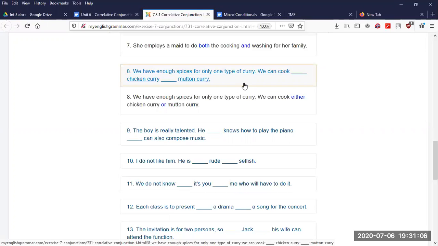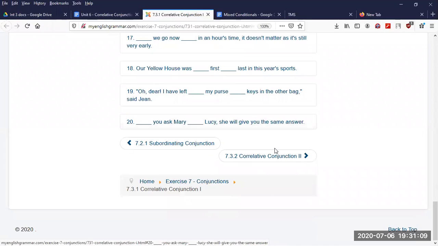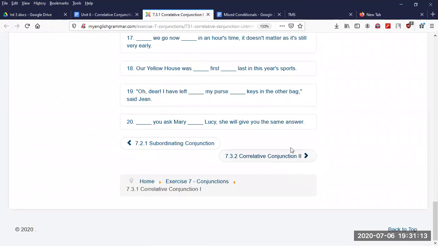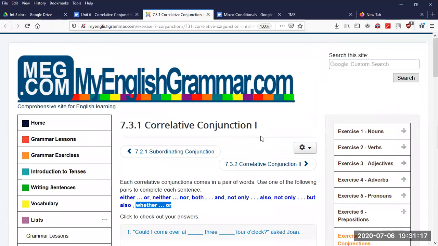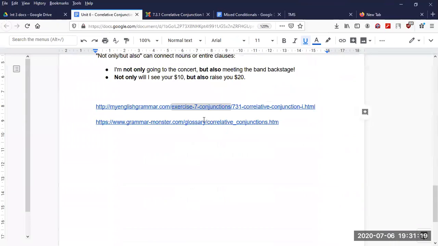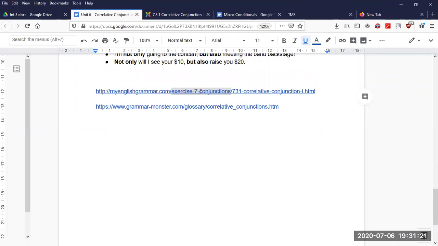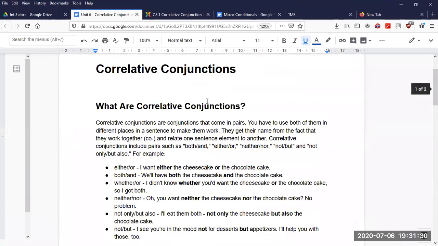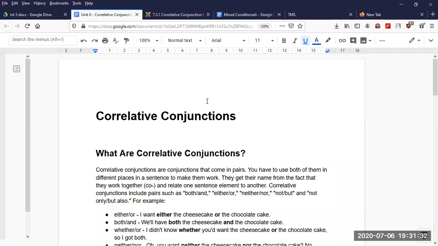Okay. So I'll leave this. There are a few more examples to complete and another one. I'll leave that on the shared file. And there's another explanation on a web page here. That's the correlative conjunction. So we're just looking to see how we can compare the two things.